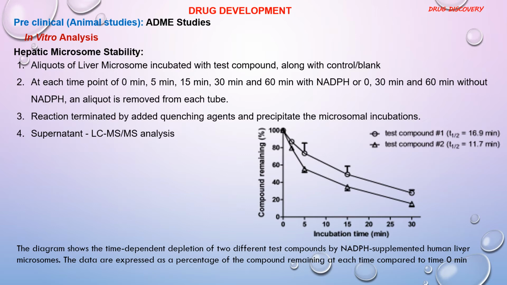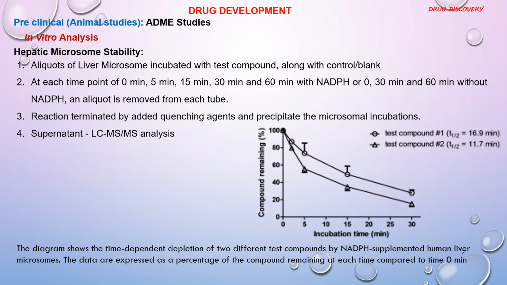The aliquots are pulled out at specific time intervals of 0 minute, 5 minute, 15, 30 and 60 minutes with NADH and without NADH. The reaction is terminated by adding quenching agents and precipitate the microsomal incubations.